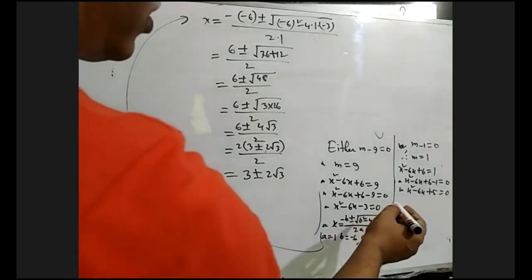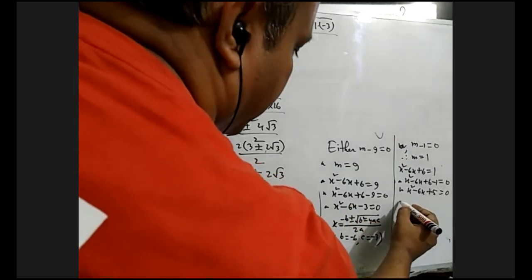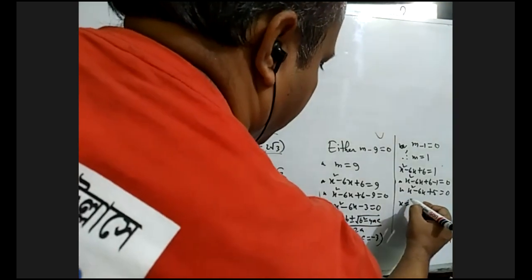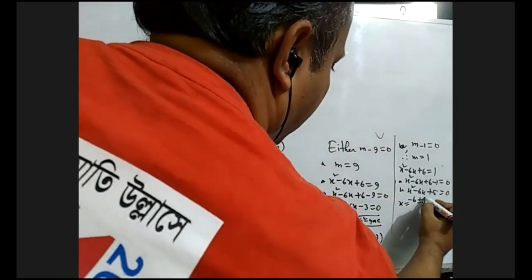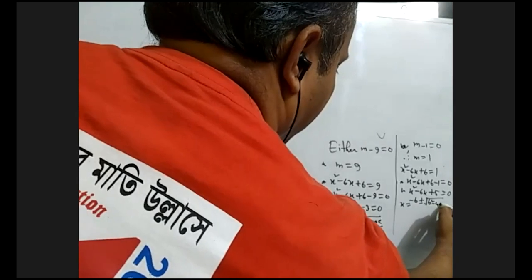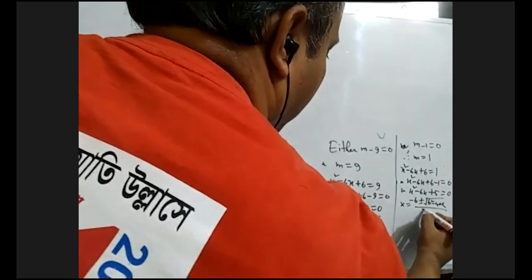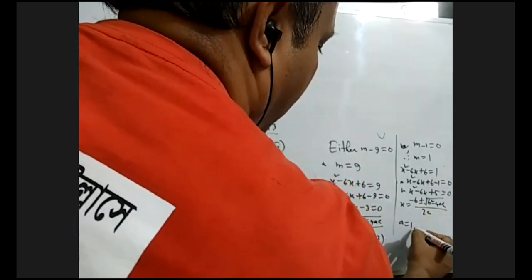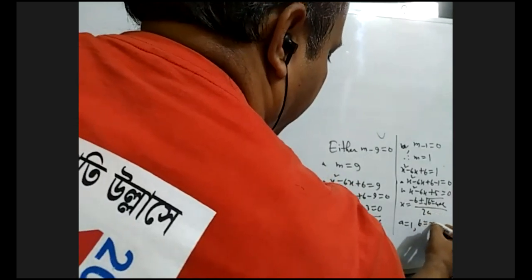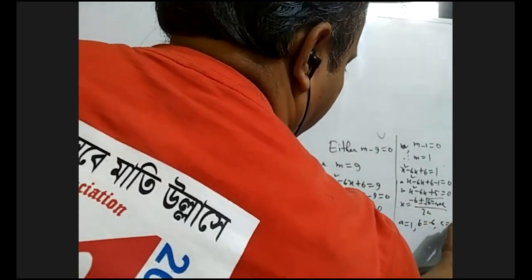Okay, now for the second one, using x equals minus b plus minus square root of b square minus 4ac divided by twice a. Here a equals 1, and b equals the same, minus 6. And c equals 5.